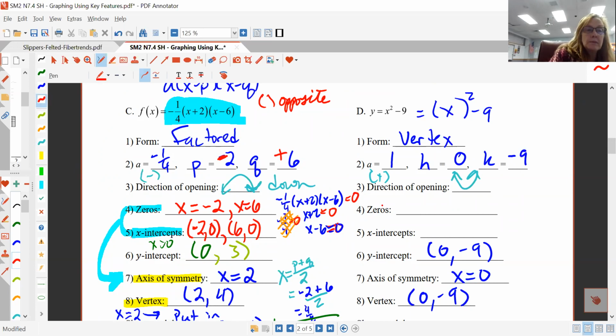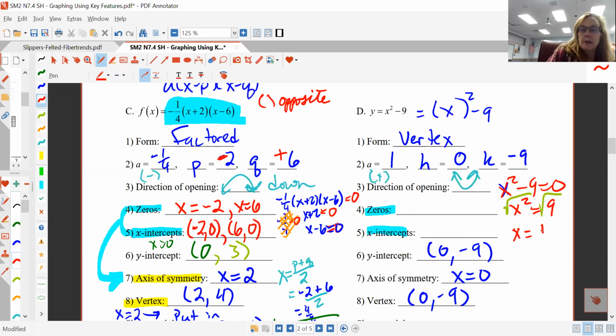Okay. For the zeros, x squared. Set your equation equal to 0. X squared equals 9. Square root.